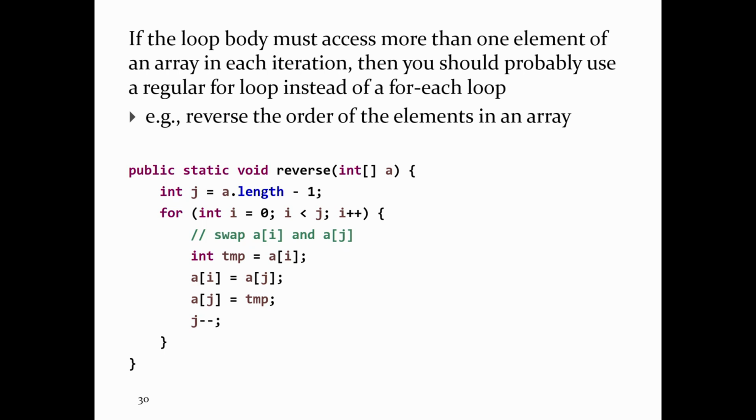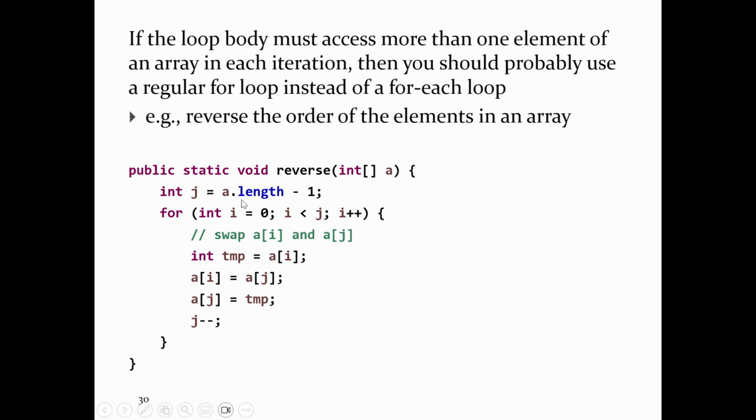right? So I know the first element in the array has index 0. So i is going to keep track of the element in the front half of the array, right? I need to also keep track of what element I am swapping with at the end of the array, and so that's going to be j. And notice here, I'm declaring j before the loop.